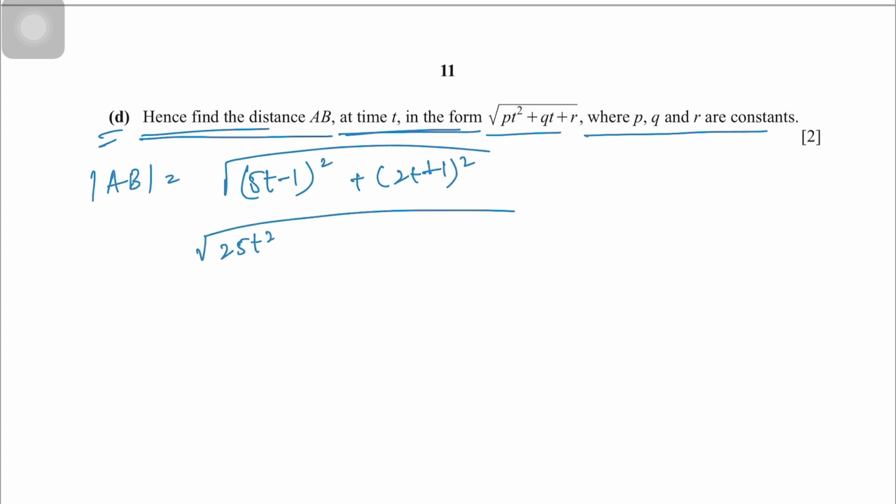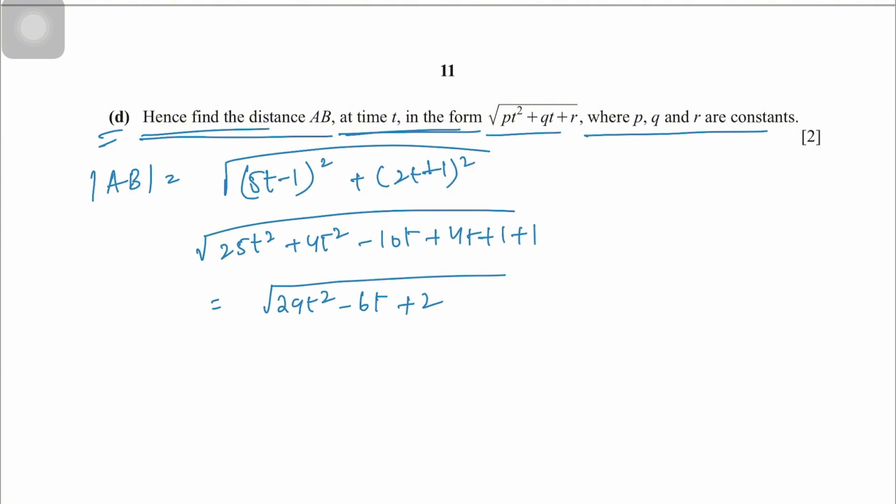So this would be 25t squared, 4t squared, then negative 10t, then positive 4t, plus 1 plus 1. So this would be 29t squared, negative 6t, and then positive 2. This is negative 6 and this is 29 and this is 2. So we have our answer in this form.